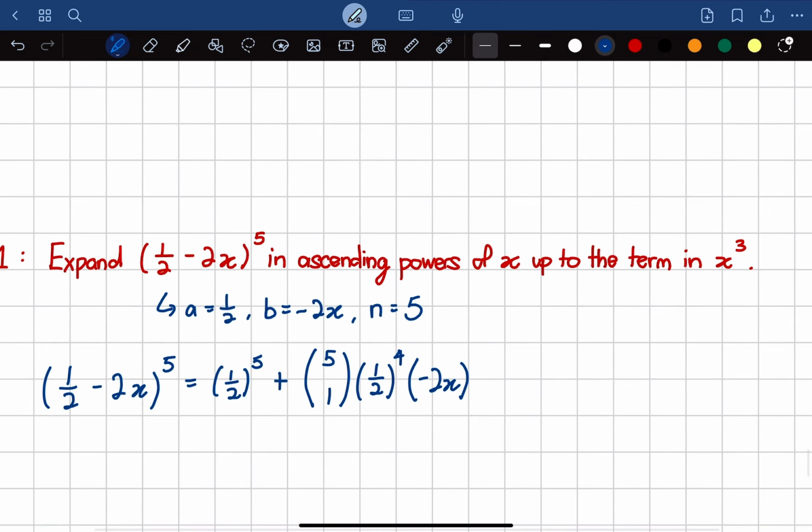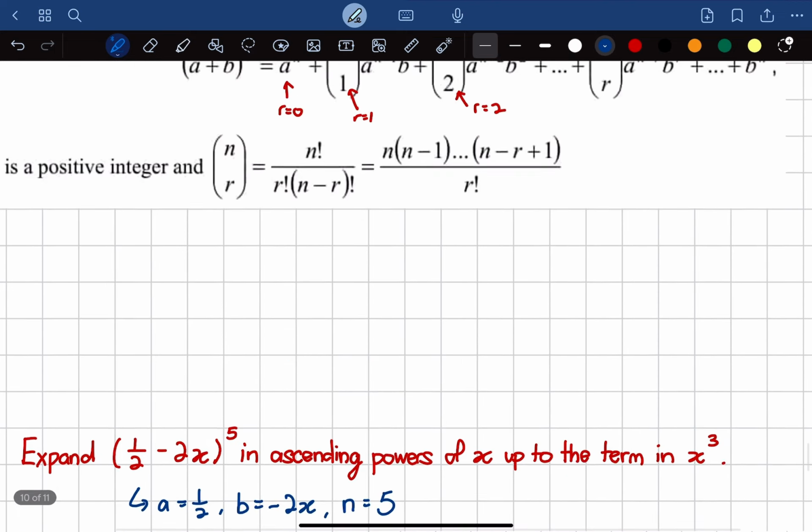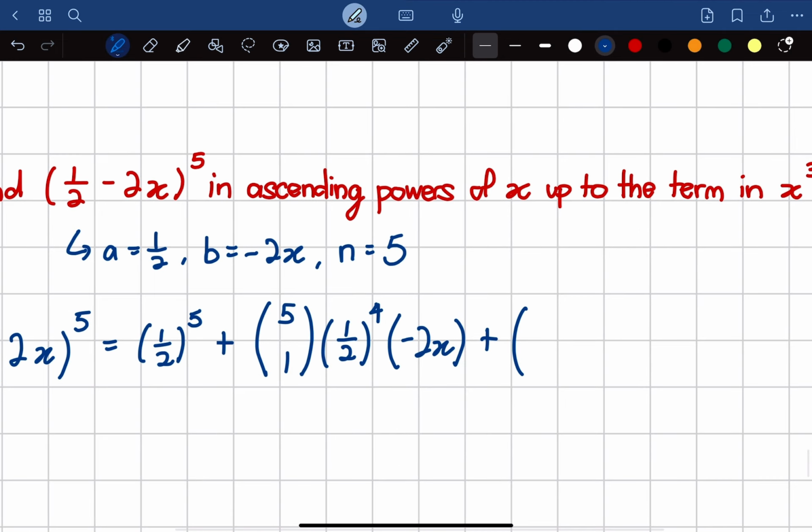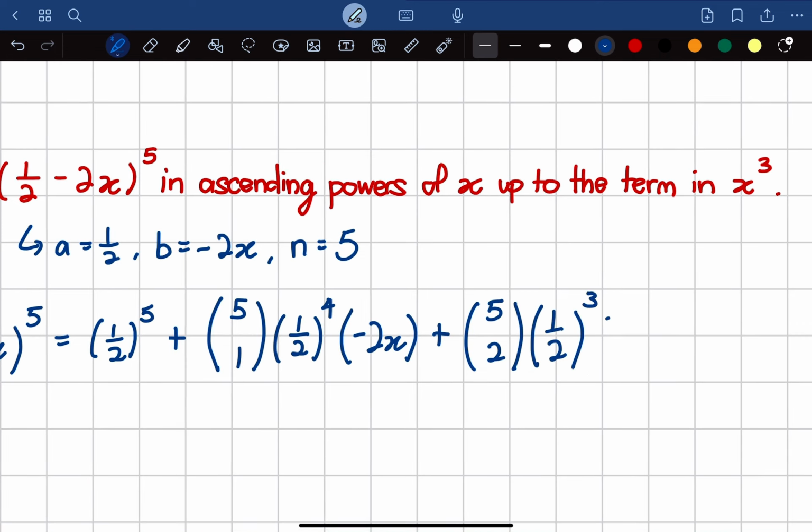Then we follow the same pattern. The next term will be, based on the formula here, n choose 2, a power n minus 2, and b squared. So therefore, this will be 5 choose 2 times half power 3 times negative 2x, the whole thing squared.